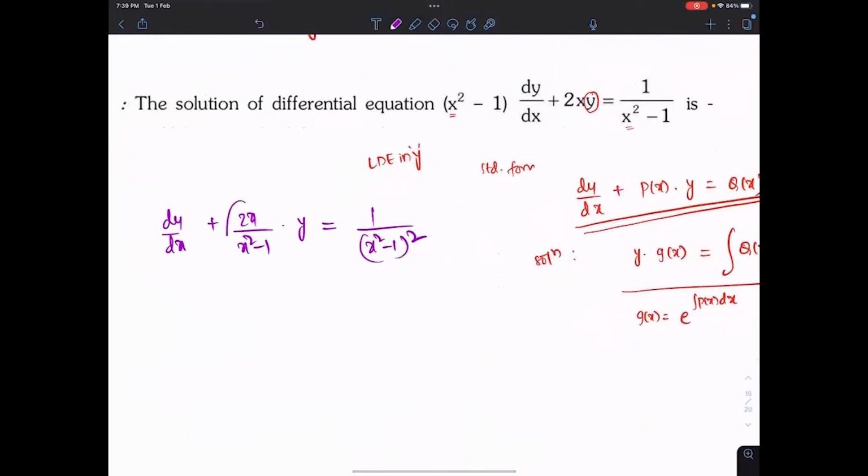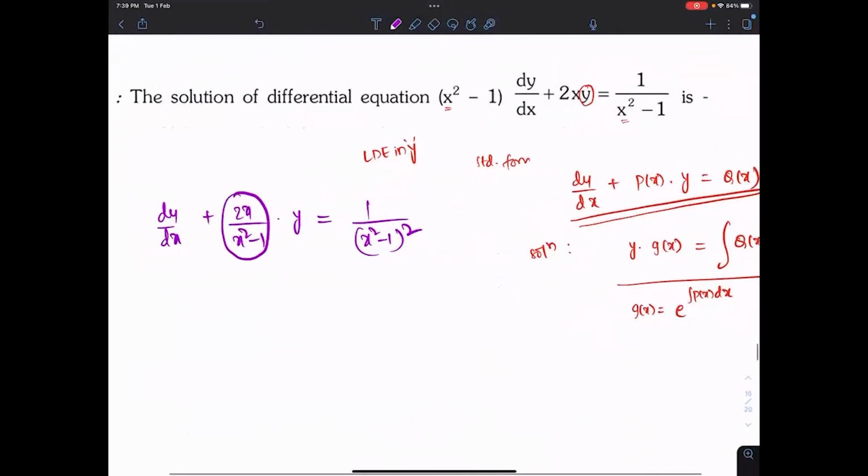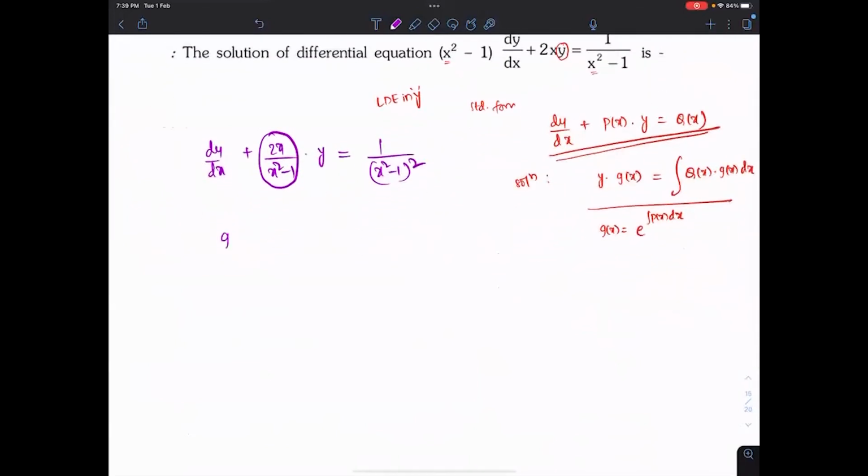Now what is P(x)? This one. So first you find g(x), that is the integrating factor. What is g(x)? It is e to the power integral 2x/(x² - 1) dx, which is e to the power, what is that integral? ln of (x² - 1), because it is the f dash by f form. So it will be x² - 1.